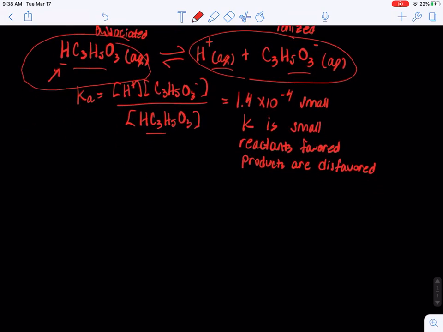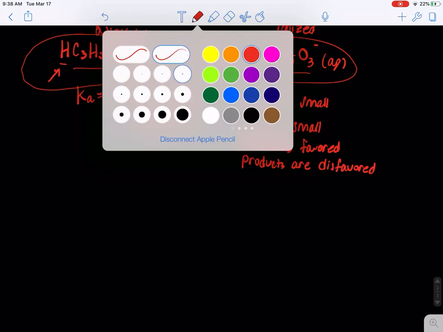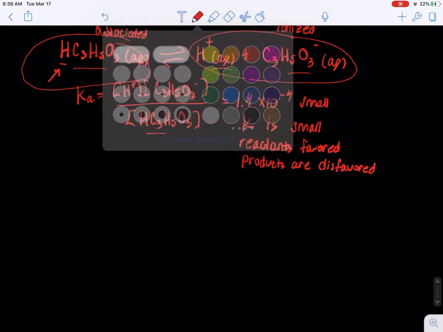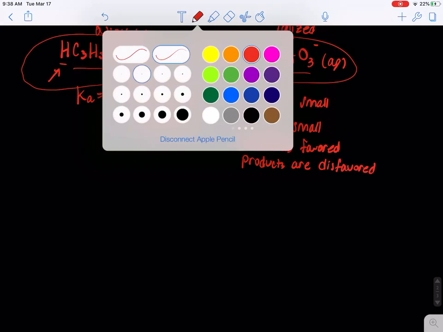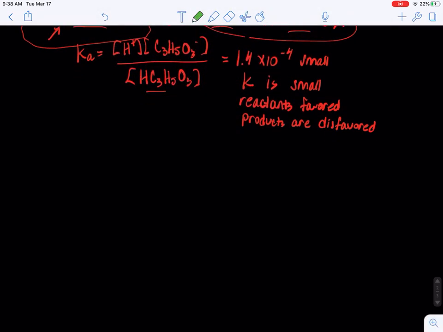Now remember how we talked about doing this in the previous chapter. We've talked about ice tables. So if we have our lactic acid here, and it can dissociate ever so slightly to give H plus and the conjugate base, which is lactate. Okay, and we want to know, what is the percent ionization.